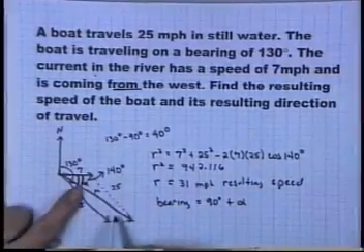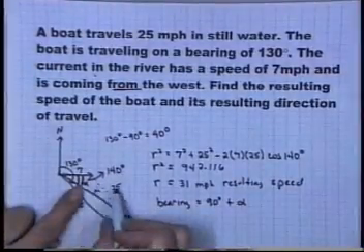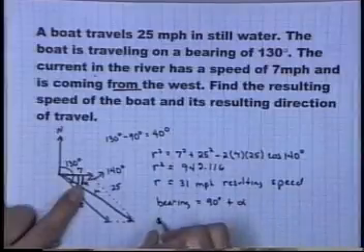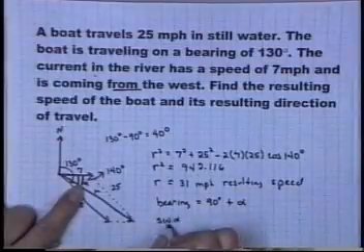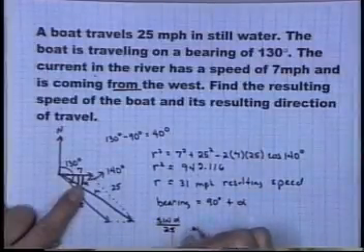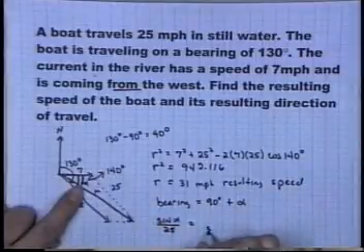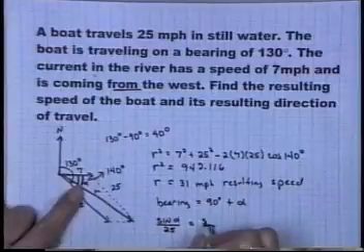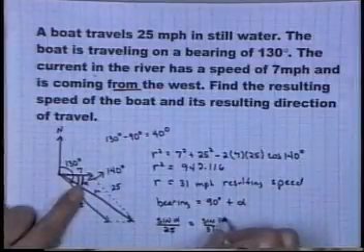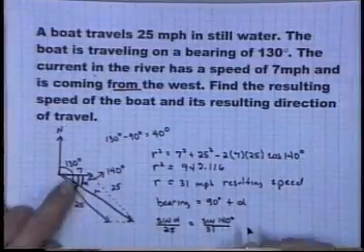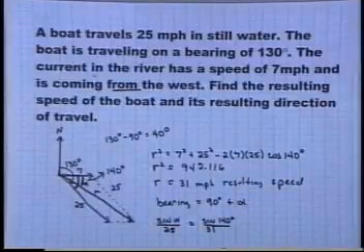Okay, well, let's look at alpha. Alpha is opposite this 25, so the sine of alpha divided by 25. We now know r is 31, and that is opposite that 140 degrees. So the sine of 140 degrees over 31.